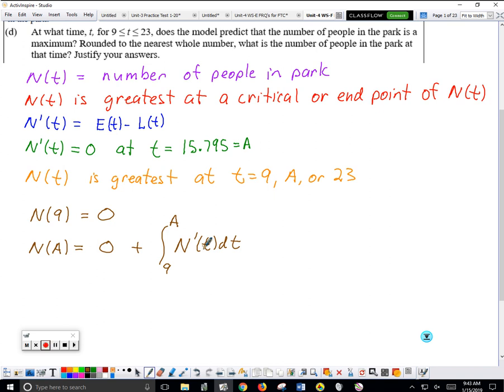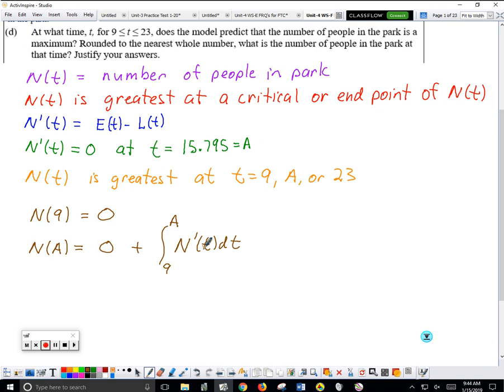So we're going to integrate the rate at which N is changing over this time period. And the integral is going to tell us by what amount the number of people in the park changed during this time period. There is no more important rule than that one to memorize. Does anyone need me to say it again? Just wait. Okay.